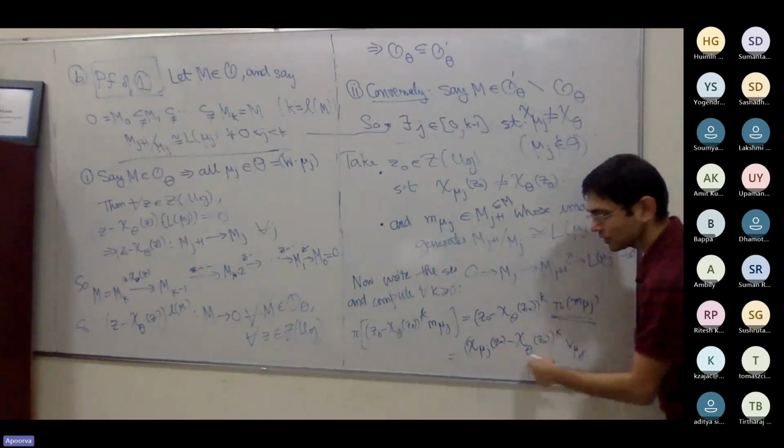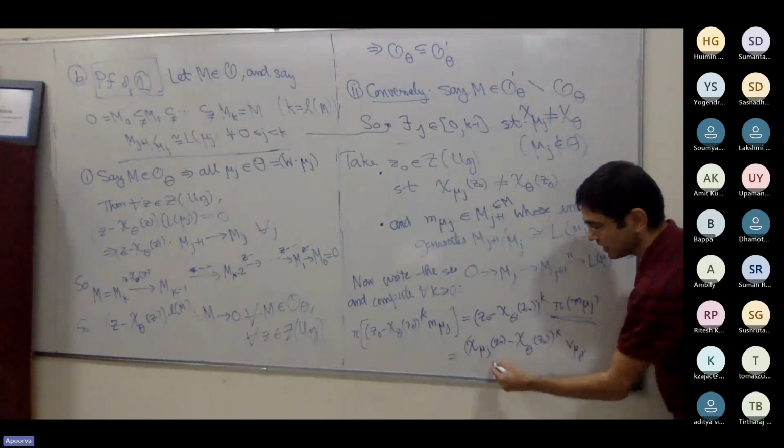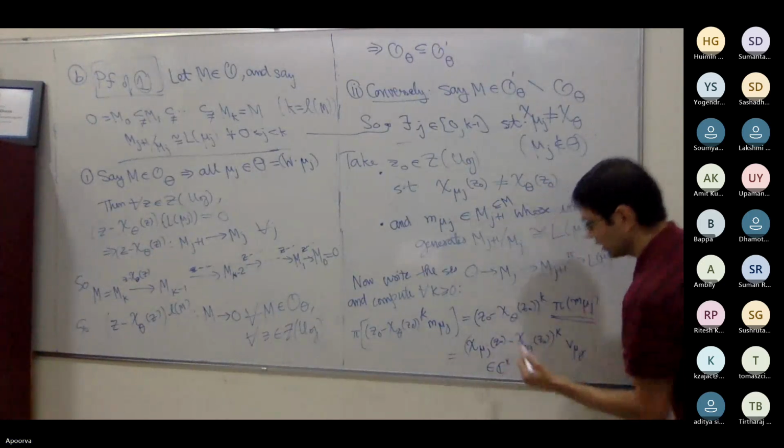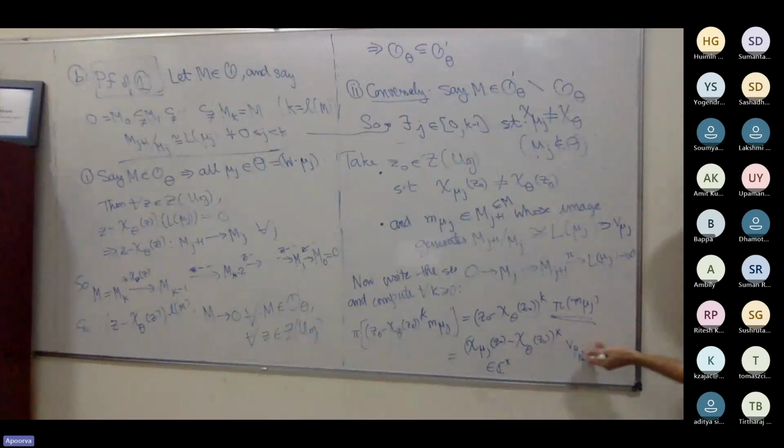But now notice, these two are non-zero unequal scalars. This is a non-zero scalar, it belongs to C cross, and so of course the power of a non-zero scalar is non-zero.